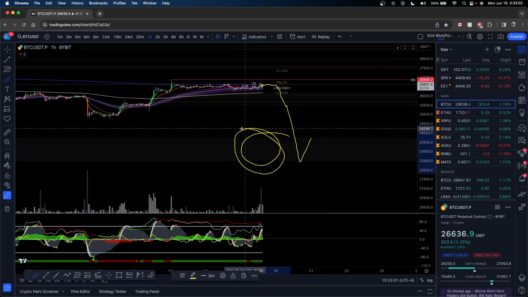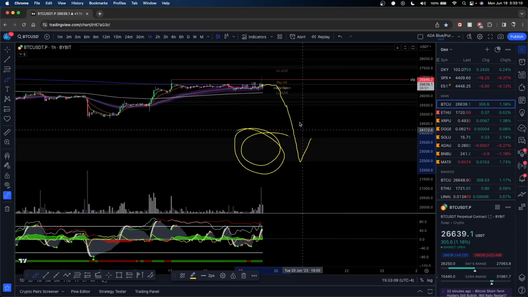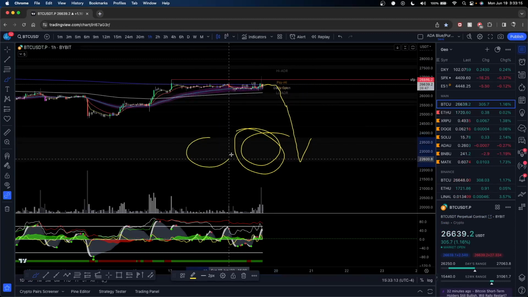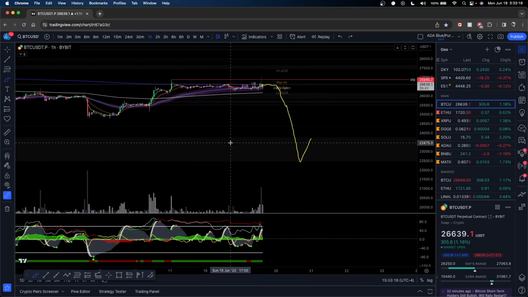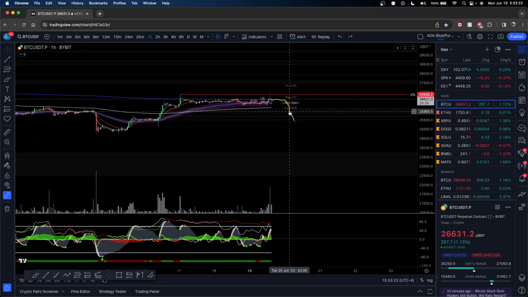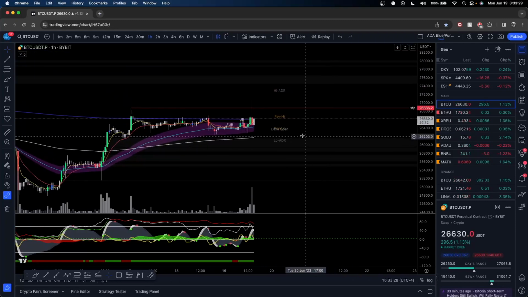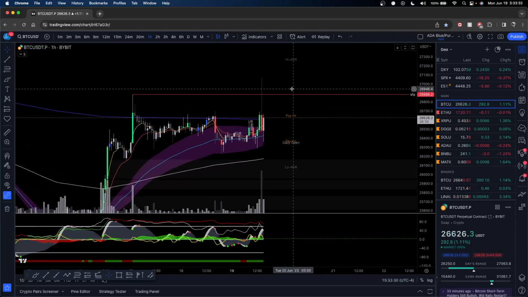So if and when Bitcoin drops another 12, 13, 15% and hits this level, when everyone's panicking and saying Bitcoin's crashing and going to zero, we're just saying that's where it is, right in front of you. It's literally painted on the screen. So there's no surprise to it. But you're using this as a trade setup in confluence with your other indicators and confluences. That's how you can enter it.